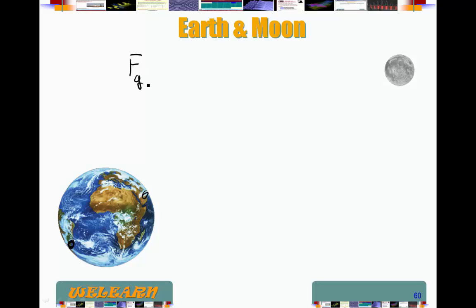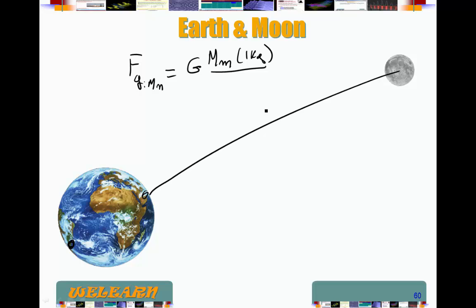So the gravitational force of the Moon on 1 kilogram nearby, so I'm going to write it as small m, is capital G, the universal gravitational constant, times the mass of the Moon times the 1 kilogram, over the distance separating the Moon from that 1 kilogram, squared. And that distance is this much.